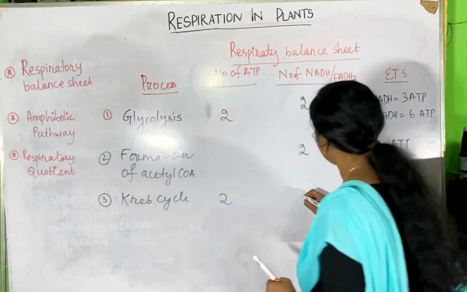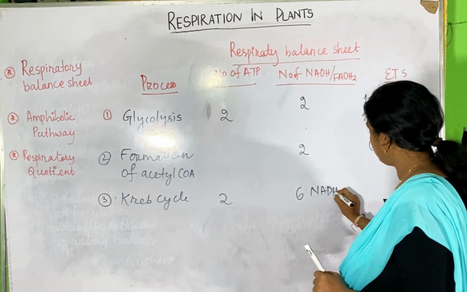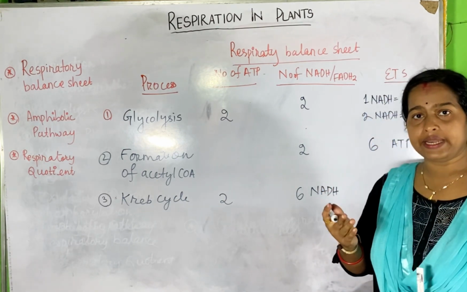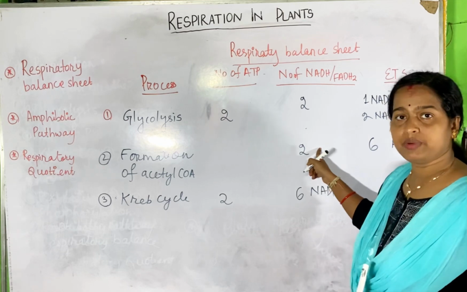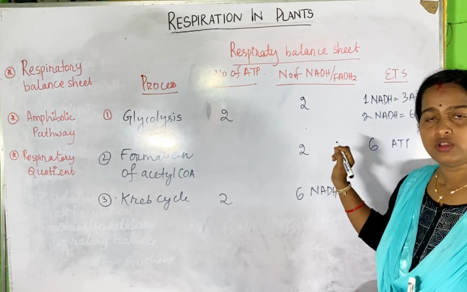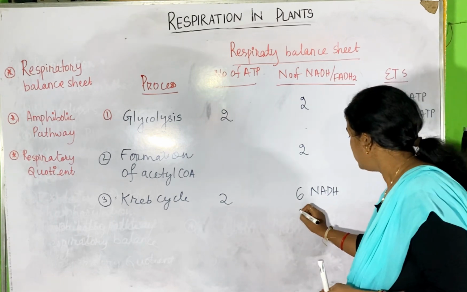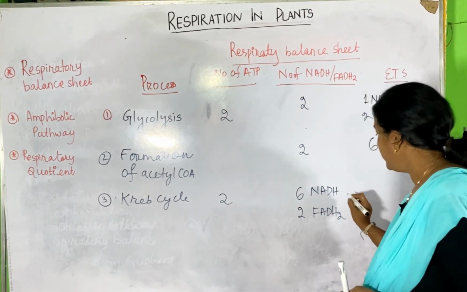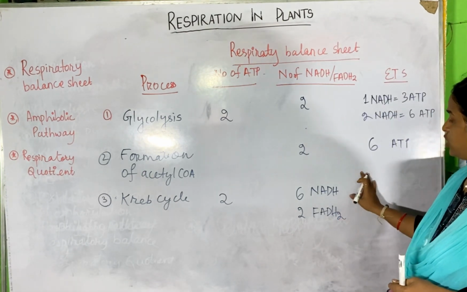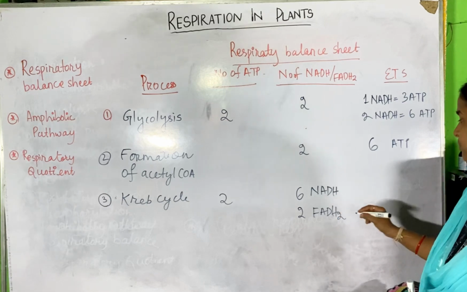That is 6 NADH: from 1 pyruvate, 3 NADH, and from 2 pyruvate, 6 NADH. And what is the number of FADH2? From 1 pyruvate, 1 FADH2, and from 2 pyruvate, 2 FADH2.